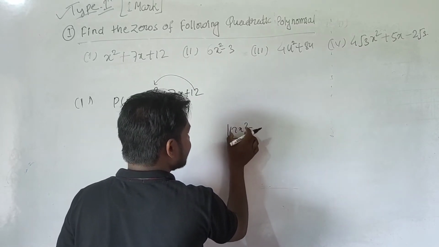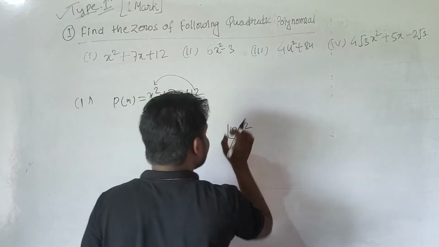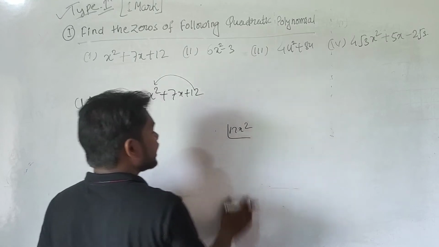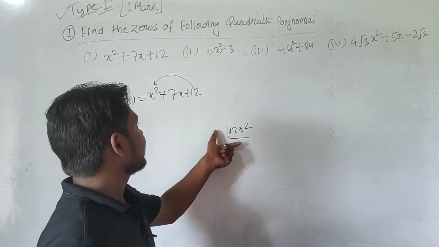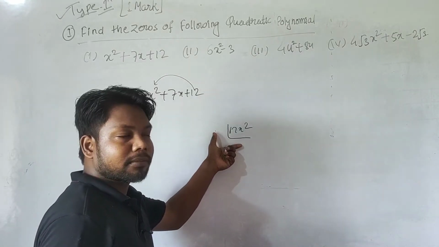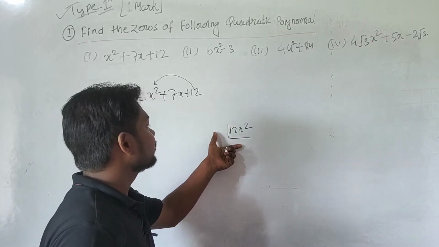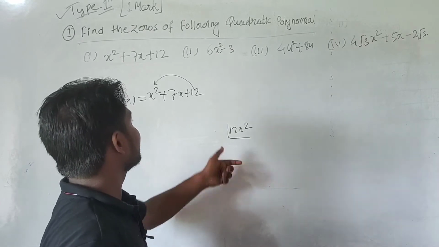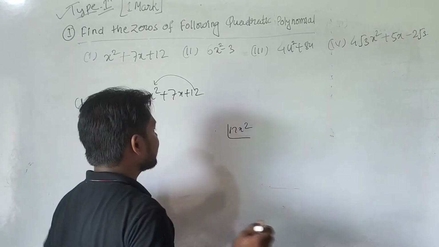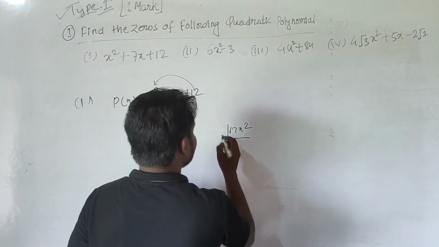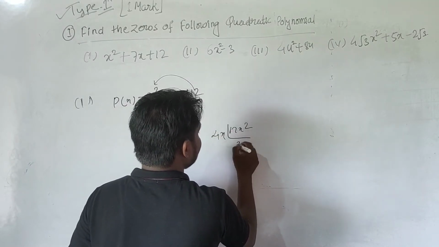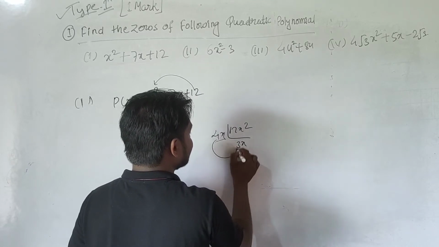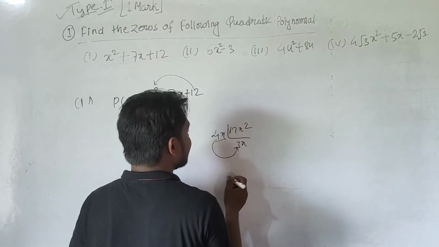Next, we split the term 12x square such that the terms, when added or subtracted, must be equal to the middle term. Suppose we split 12x square like this, 4x into 3x, which is 12x square.